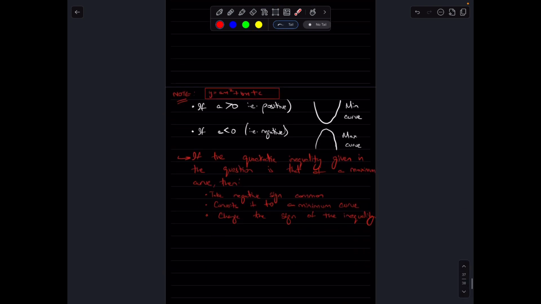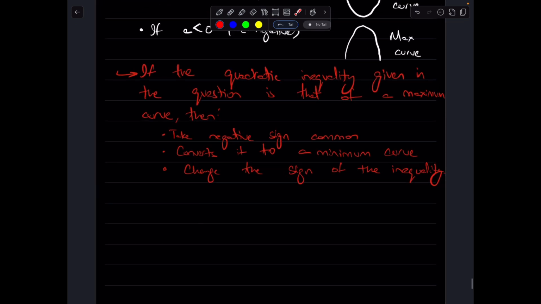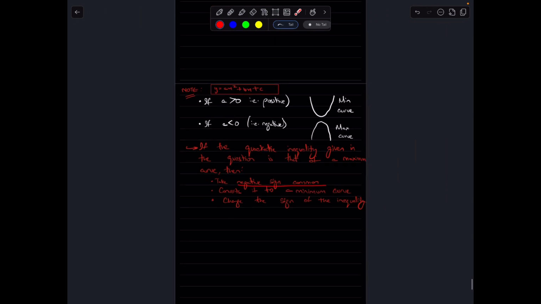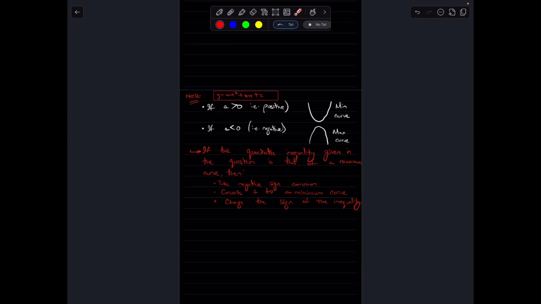But if the question has an inequality such that the quadratic part of the inequality is of a maximum curve, then take the negative sign common. And whenever you mess with a negative sign, that is, you either take it common on both sides and then cancel it out, or you multiply both sides by -1, then the sign of the inequality also changes.